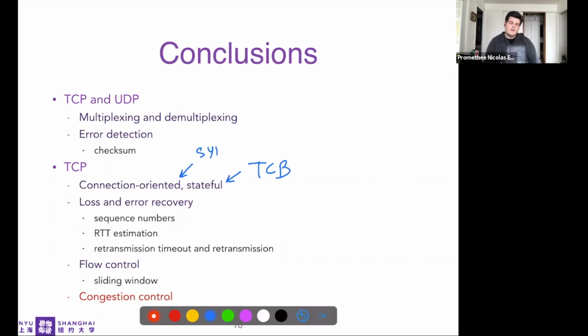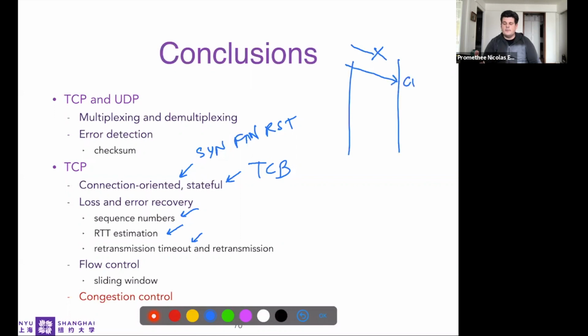And this is the SYN, FIN, and RST. That's what we mean by the connection. We do loss and error recovery by adding a sequence number, by doing the estimation on the round trip, so that you can have a retransmission timer, such that when it times out, you retransmit for any loss or even error. So what I mean by that is, whenever you receive the data or you don't receive it, if the checksum is wrong, you won't send an acknowledgement.